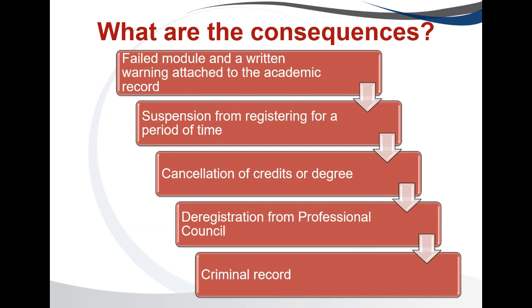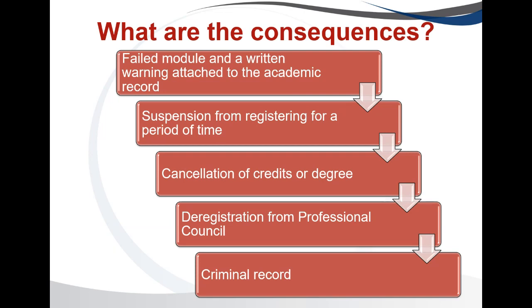In very serious cases, the university might decide to cancel all of the credits that you have accumulated for your degree. Or if you have been awarded a degree, they might decide to revoke your degree. Some degrees are linked to professional councils, and these professional councils have their own ethics code. If you are found guilty of offences at university, they might not register you with the council.